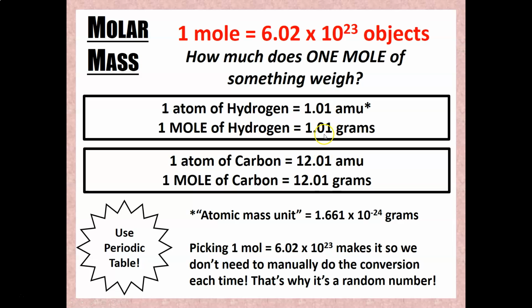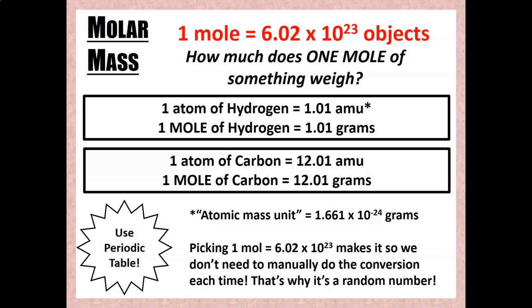So as you can see here, the reason why Avogadro picked such a strange, random number to be a mole was because it allowed us to use our periodic table, and every number on there for mass can either imply that it's the mass of 1 atom, and the unit would be AMU, or you can use the exact same mass number and have it be grams, and then that's how much a mole weighs.